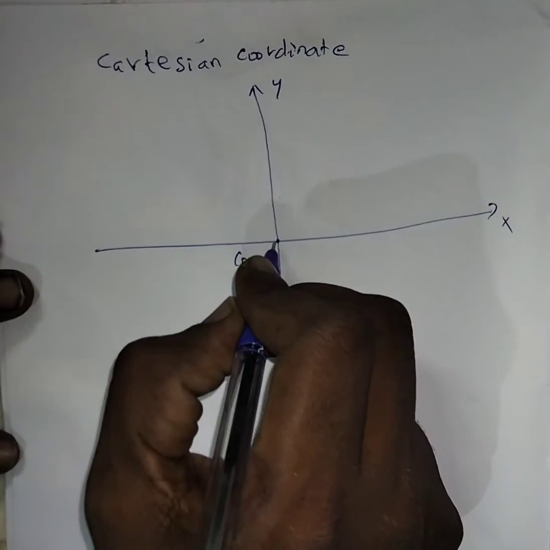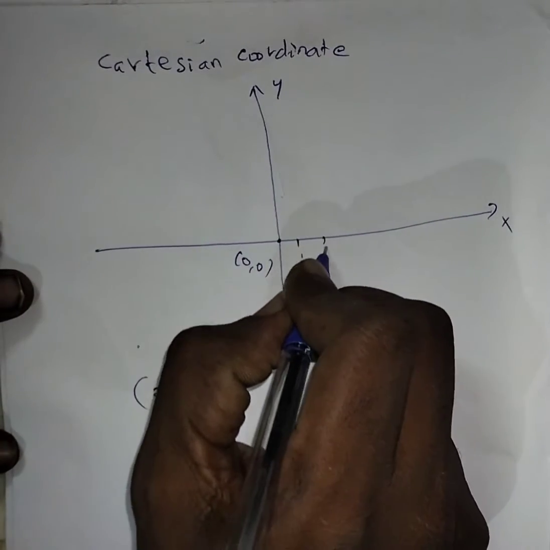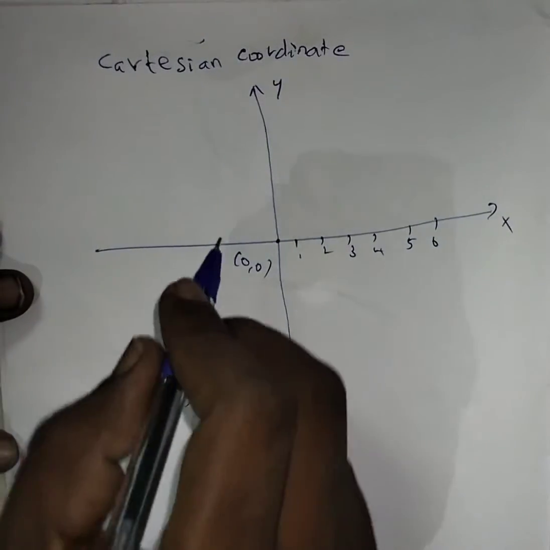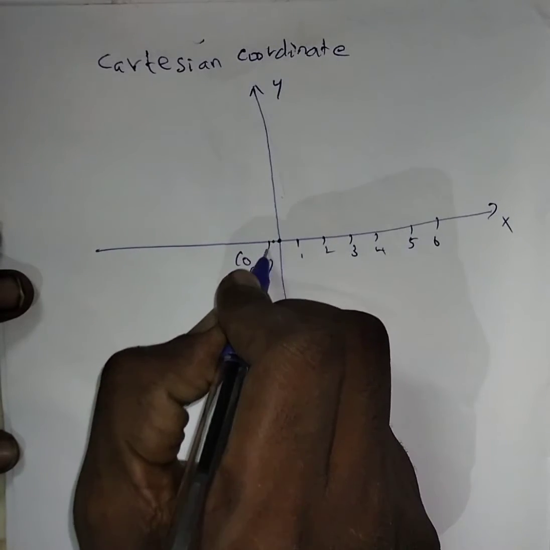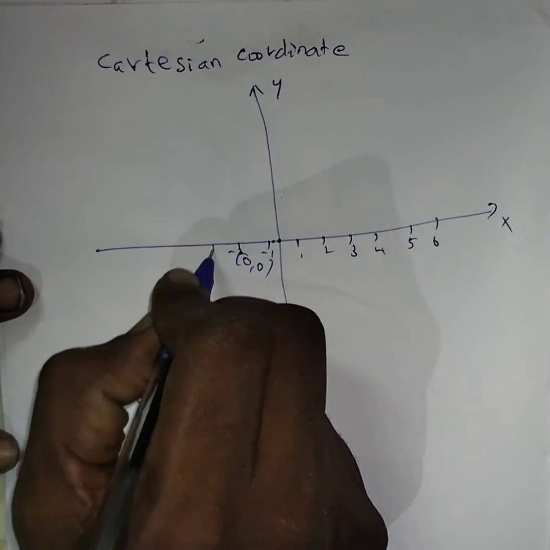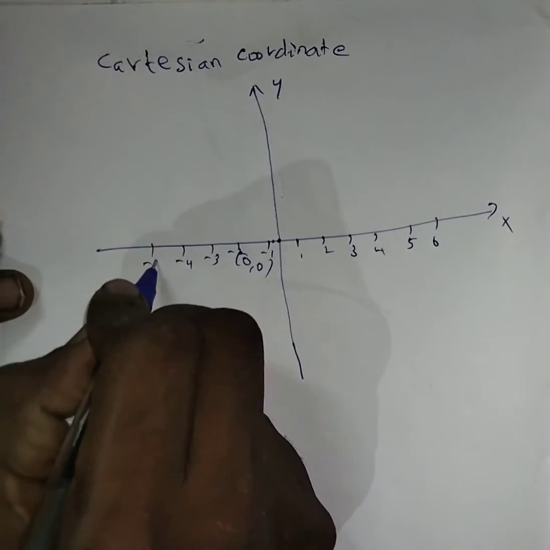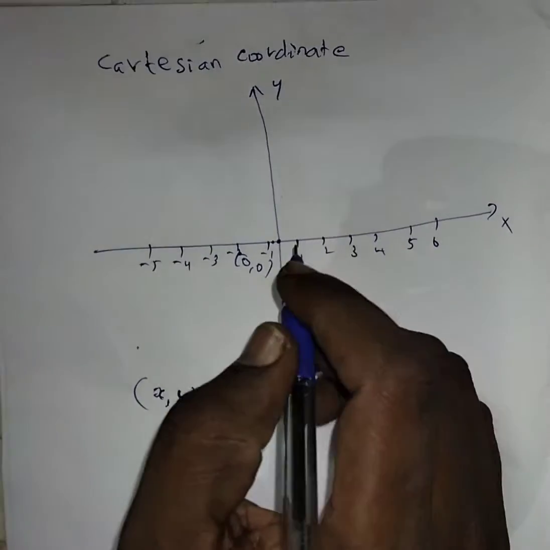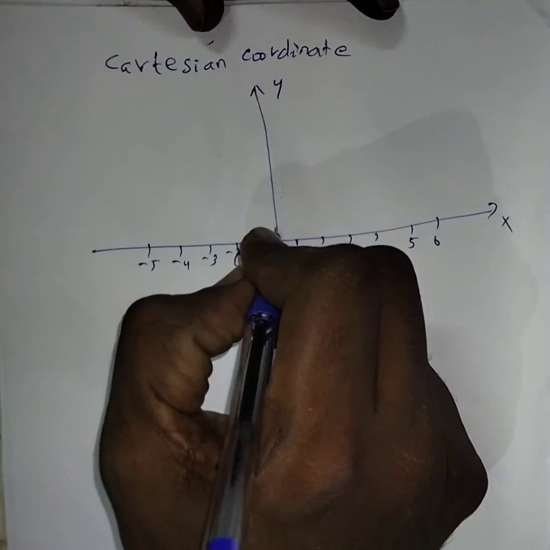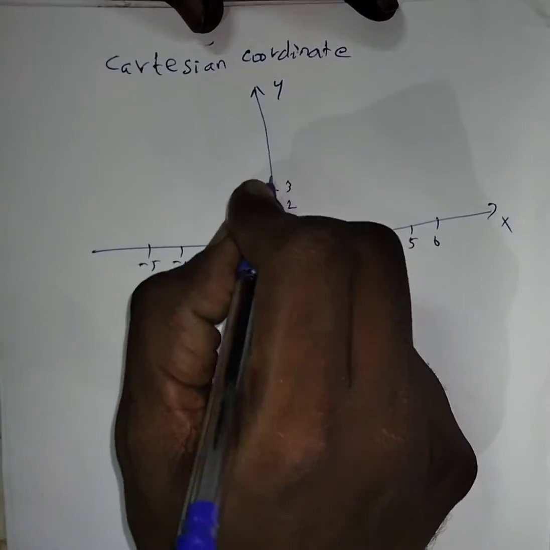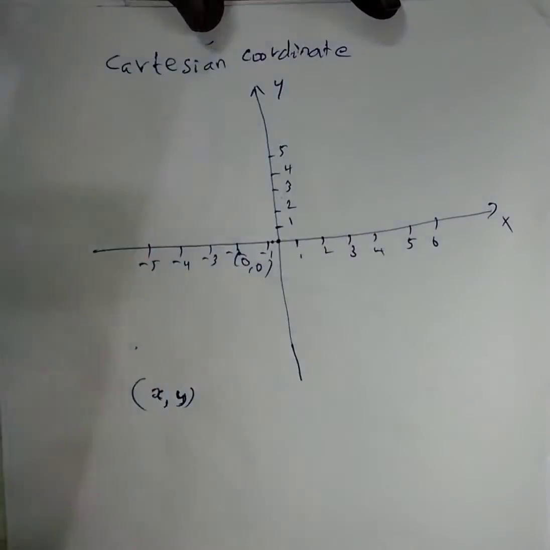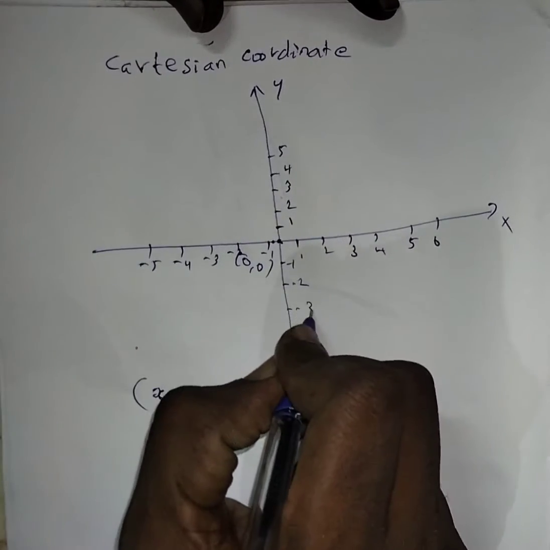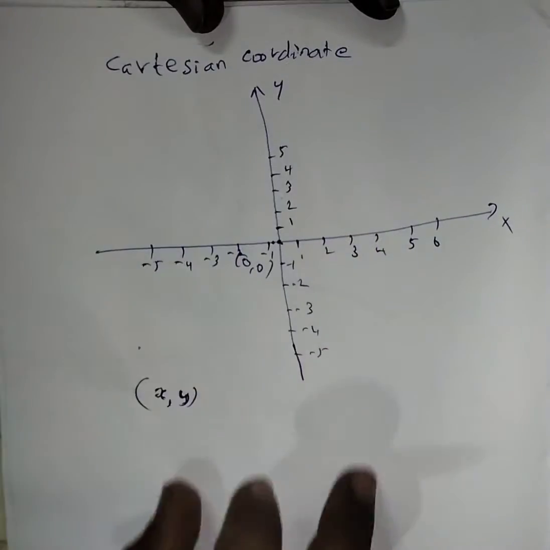On the x-axis, starting from the origin, we measure the values 1, 2, 3, 4, 5 and 6, etc. If you come to the left side, write -1, -2, -3, -4, -5, etc. In the same way, from the origin above on the y-axis, take the values 1, 2, 3, 4, 5 like that. Below the x-axis, take -1, -2, -3, -4, -5 like that.